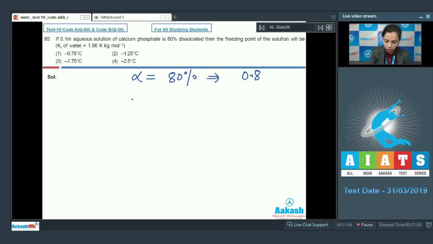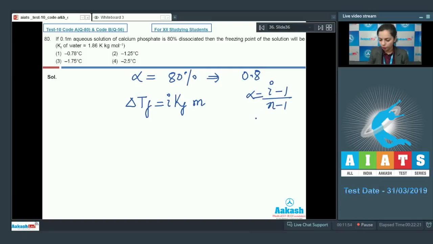First we'll find delta Tf, which is equal to i Kf m. The i factor can be calculated: alpha is equal to i minus 1 upon n minus 1 for dissociation, and alpha is 0.8.